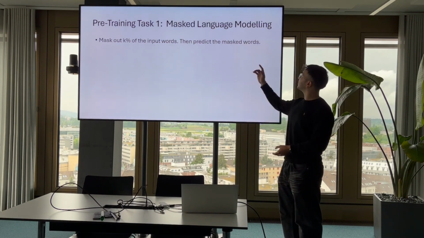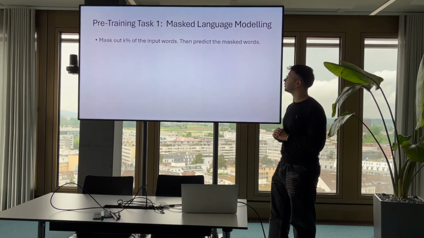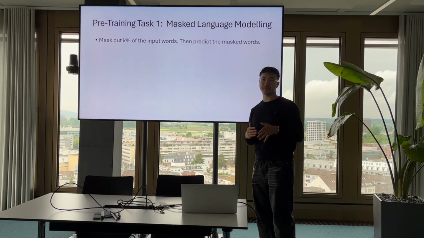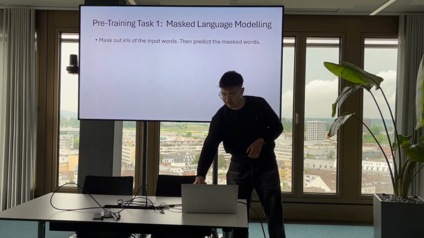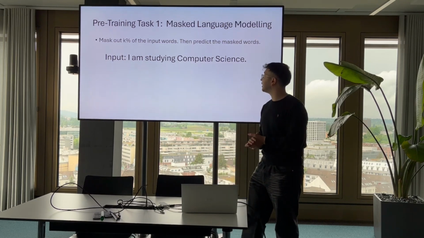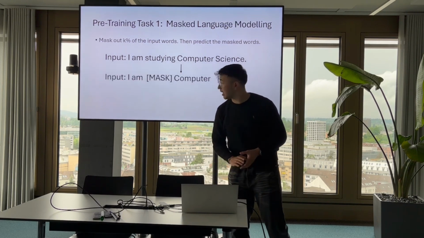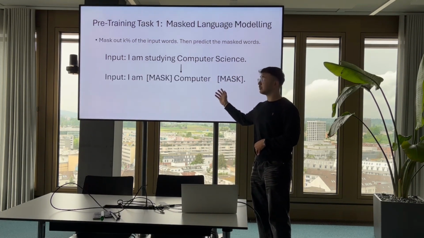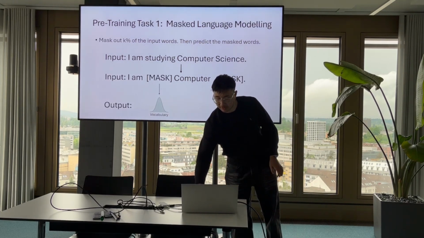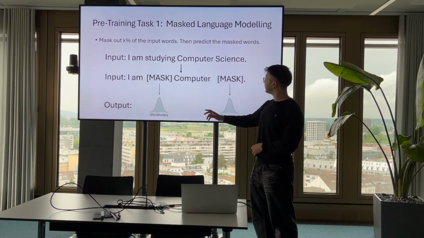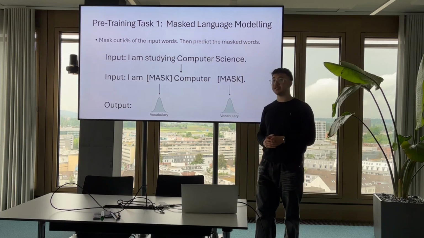Pre-training task 1 is masked language modeling, and the key thing is to mask K% of the input words. BERT uses 15% because this seems like a good threshold, and then you predict the masked words. For example, we have as an input, "I'm studying computer science," and then you mask random words, for example "studying" and "science," and then the model tries to predict the words on a vocabulary probability distribution.